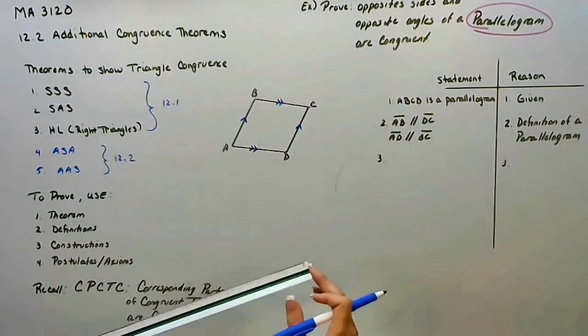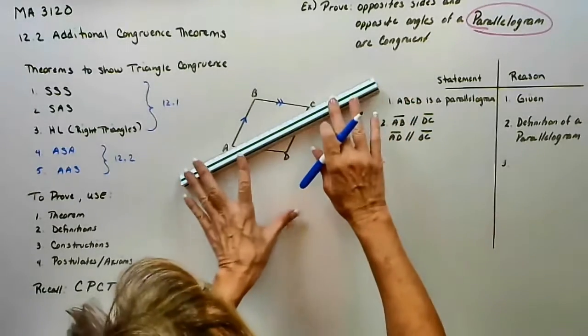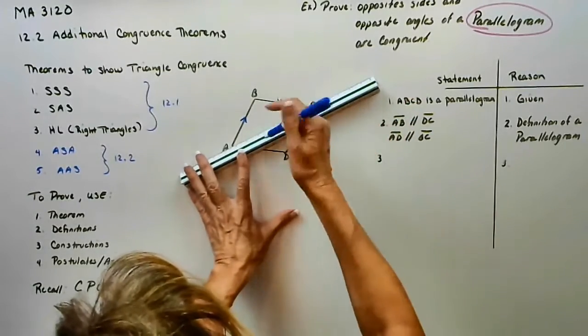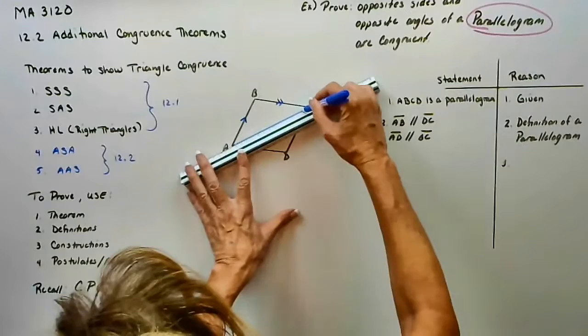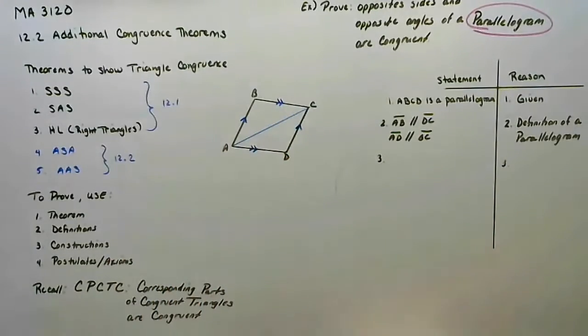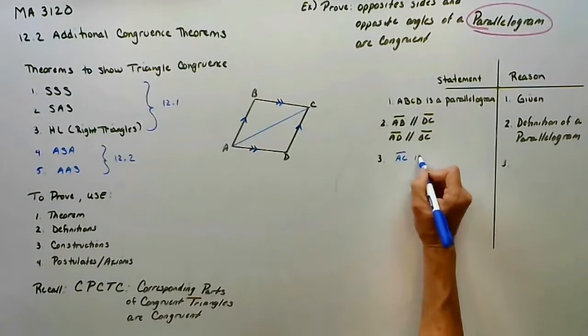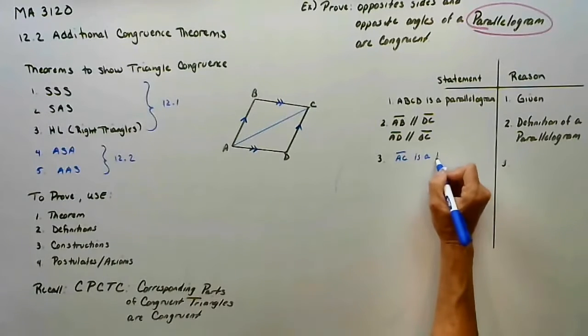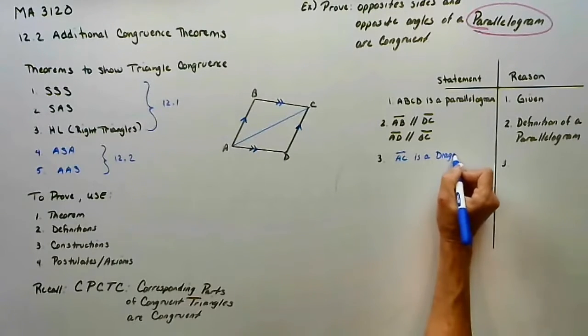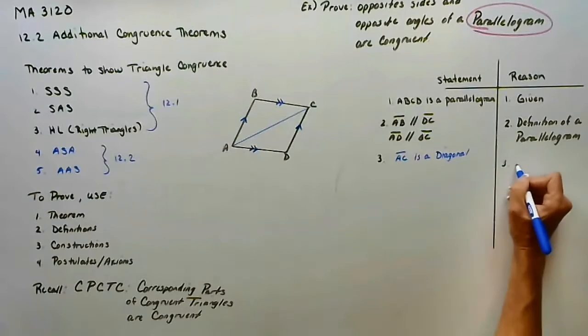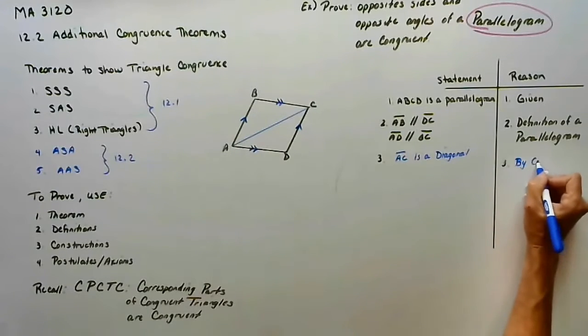So I'm going to construct the diagonal from A to C. And I'm just going to say line segment AC is a diagonal by construction.